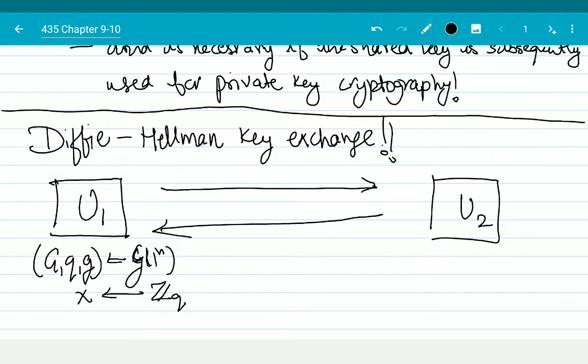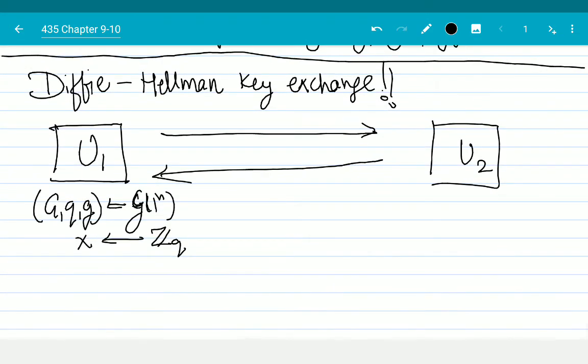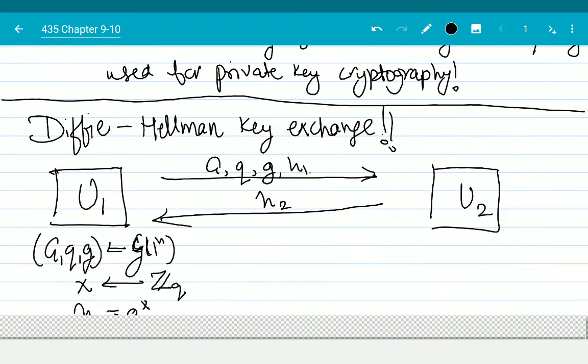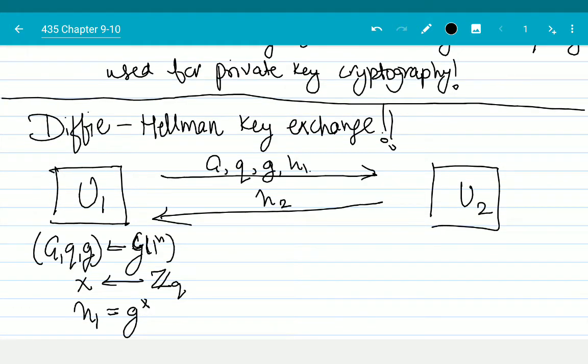You take a random element x from Zq. You take h1 equal to g to the x. Okay? And you share this info around. You share G, q, g, h1. The other person gets a random y in Zq.